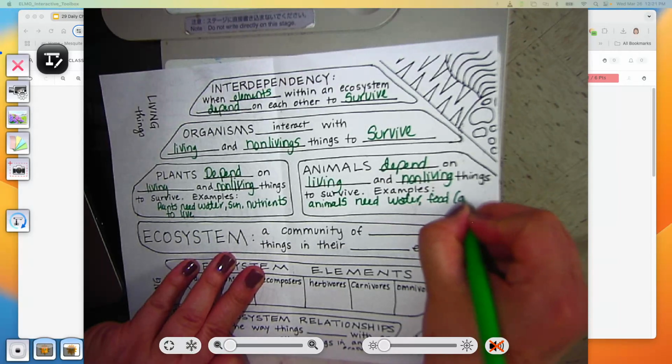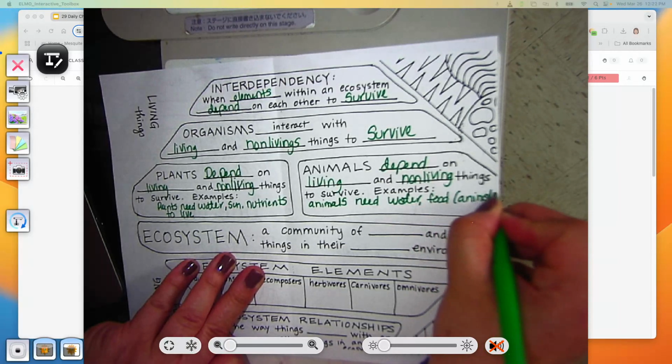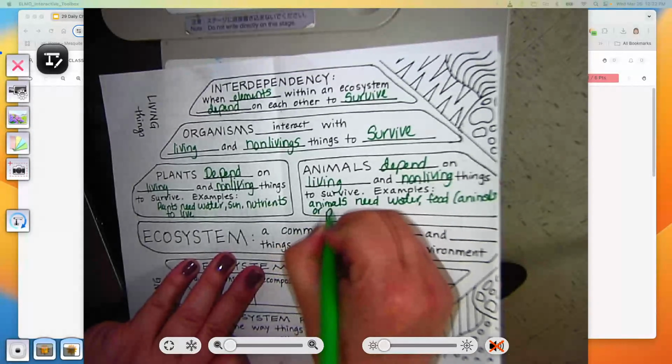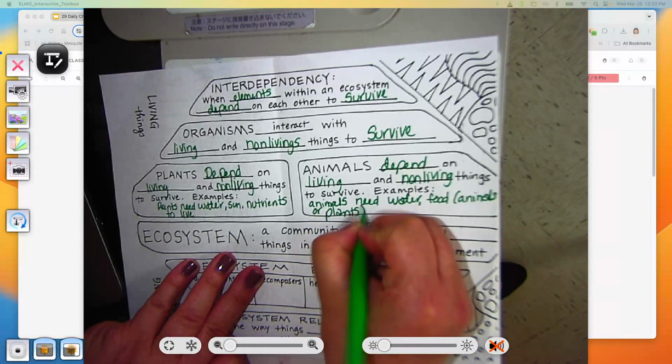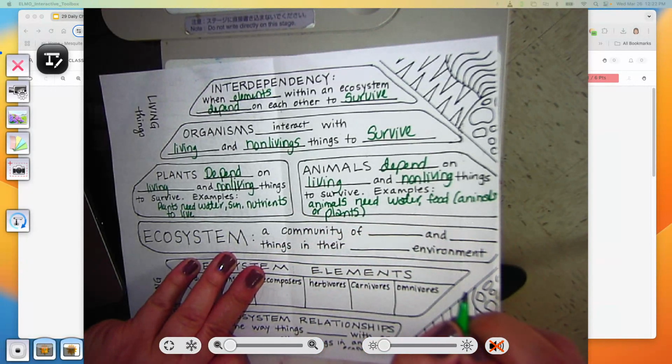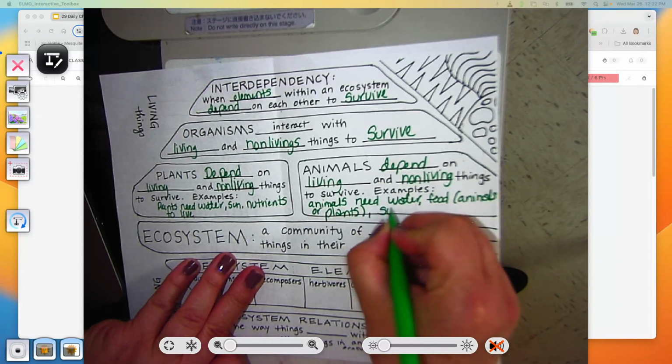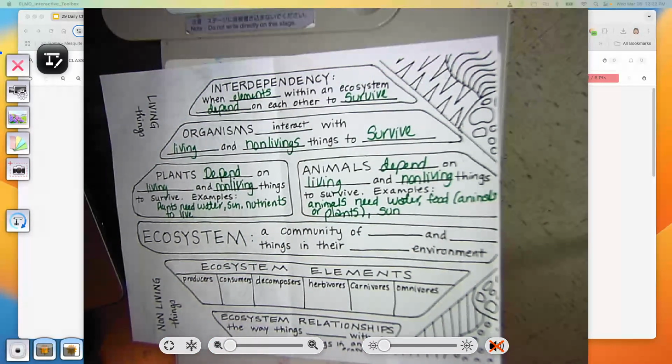And the food could either be from other animals, or it could be from plants. I mean, they also need sun. Okay?